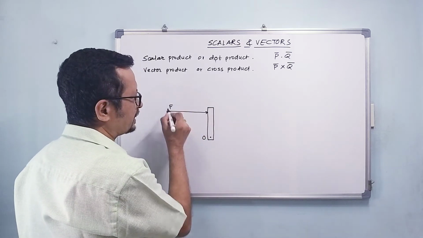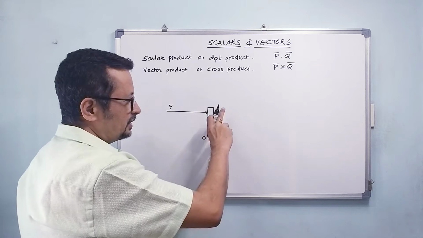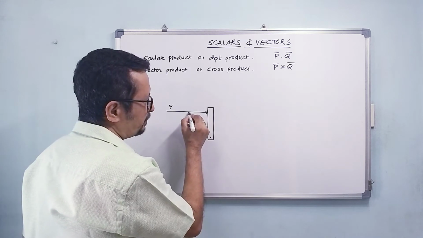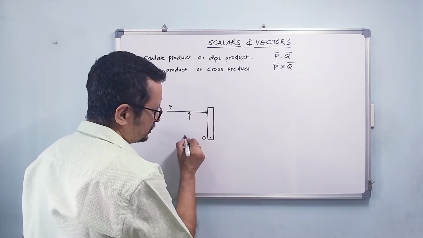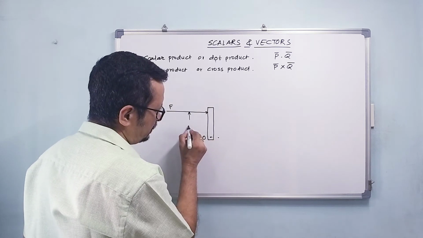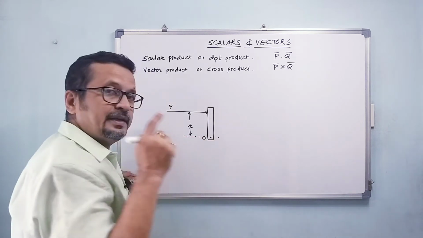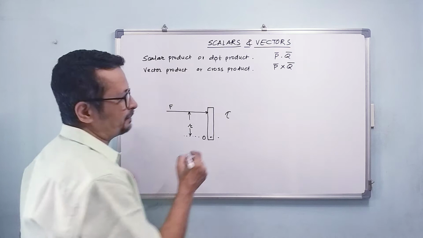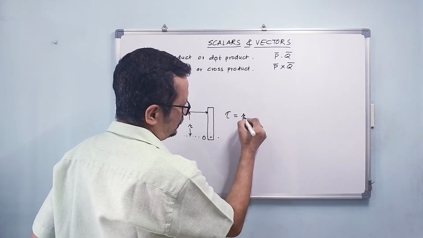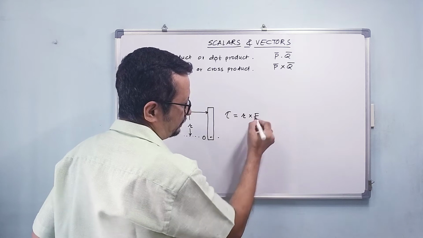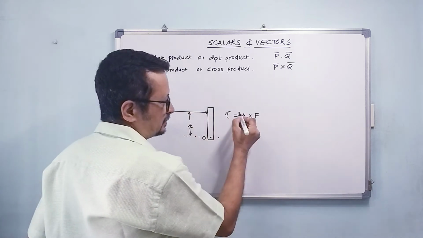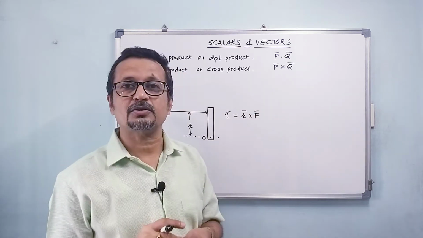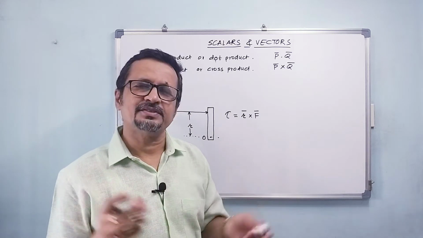Now when this force F acts on this link, this link will rotate about this point O. The perpendicular distance between the line of action of the force and this fulcrum, I call this R. Then the turning effect of this force, which we call torque, is denoted by the Greek letter tau. It is equal to R into F. Here this R is a vector and F is also a vector, so it is R bar cross F bar.